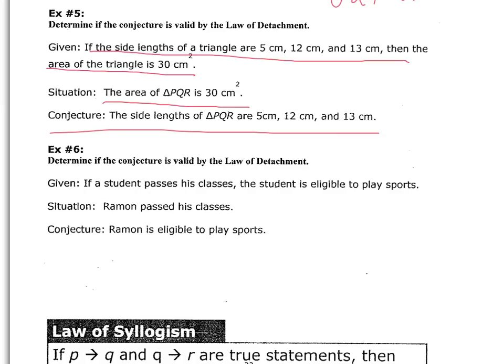Okay, and while that may be, obviously there could be any number of different side lengths that could get us an area of 30. Okay, so since the dimensions could be different but still produce an area of 30 centimeters, this one is going to be not valid. Okay, you could produce multiple different side lengths that give you a different area, so that one is not going to be valid.